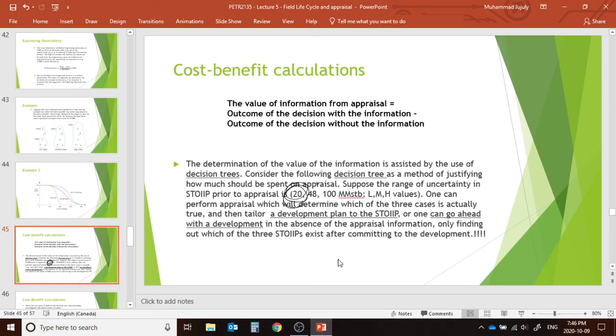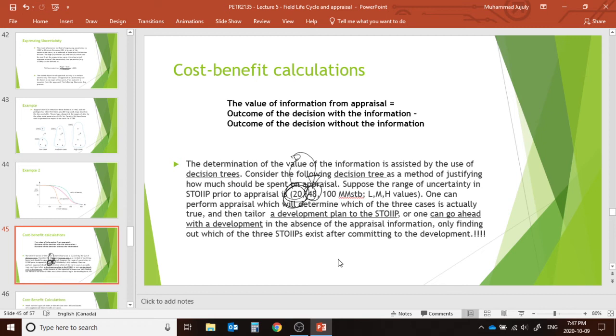But what if it got 48 billion barrels? If you design a smaller facility, but all of a sudden you got 48 billion barrels, then the whole facility would be undersized, and you would have to open another facility, and that would cost even more.